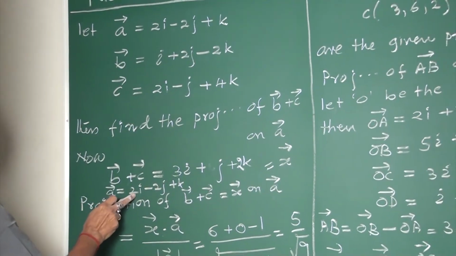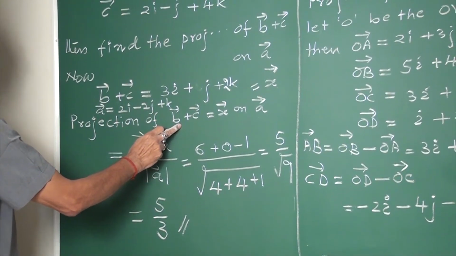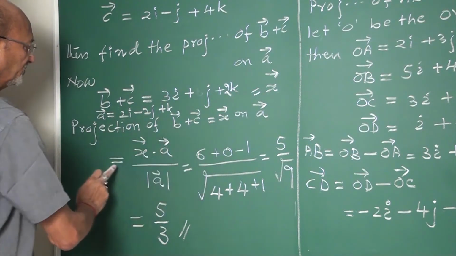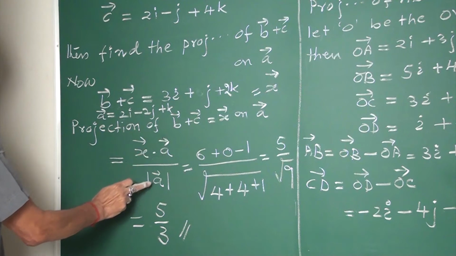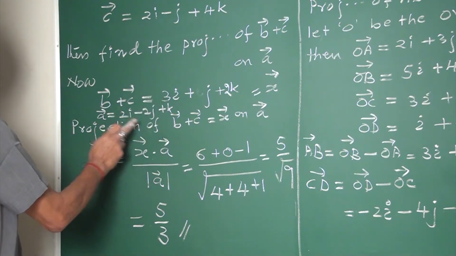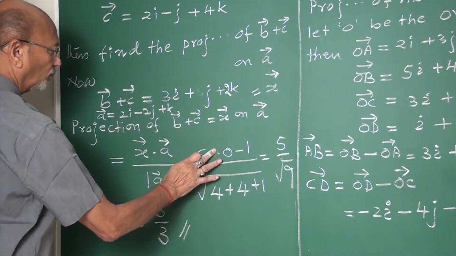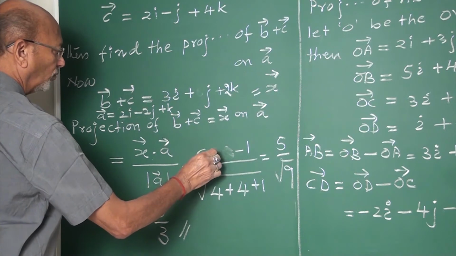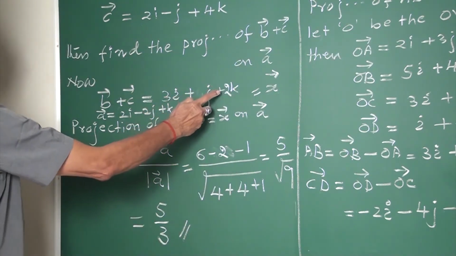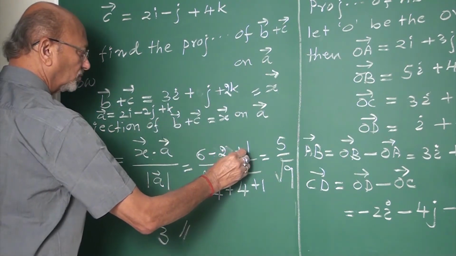A is 2i minus 2j plus k. Projection of B plus C, we have taken a single vector X, on A is equal to X dot A upon magnitude of A. X dot A: 3 into 2 is 6, 1 into minus 2 is minus 2, and 2 into 1 is plus 2.